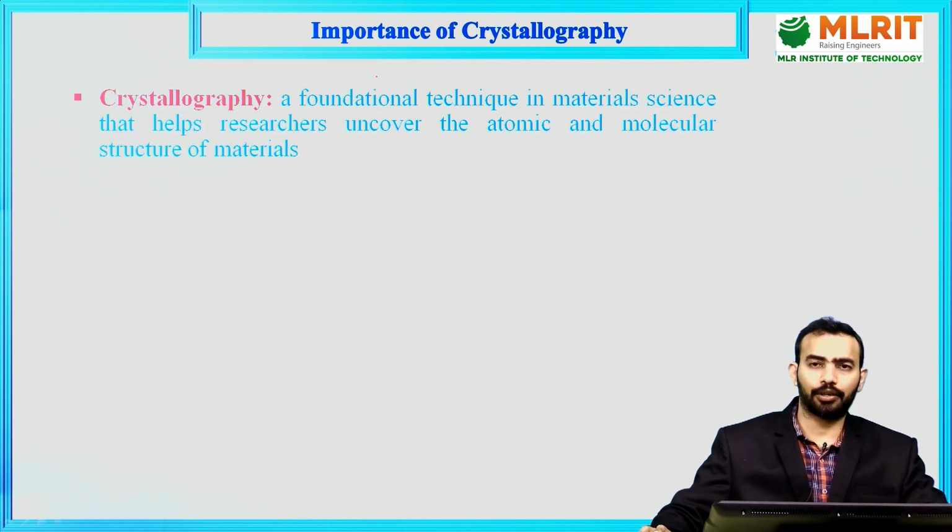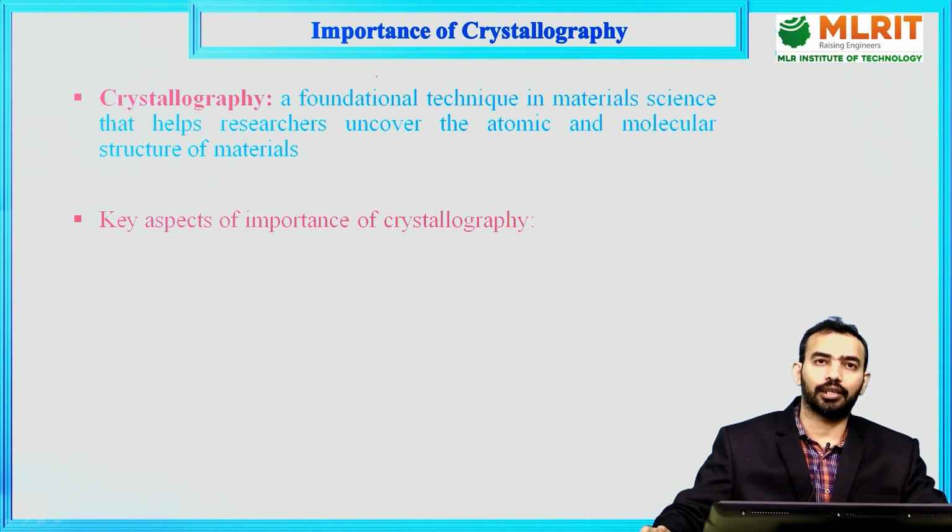Crystallography plays a crucial role in material science. It is a fundamental technique in material science that helps researchers uncover the atomic and molecular structure of materials. Looking at the key aspects involved in crystallography, the first one deals with the atomic arrangement.